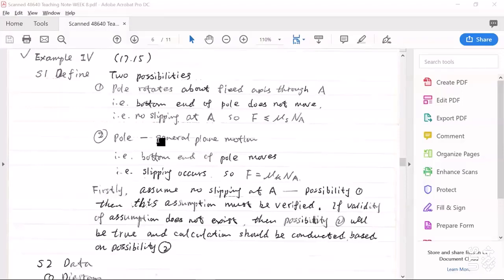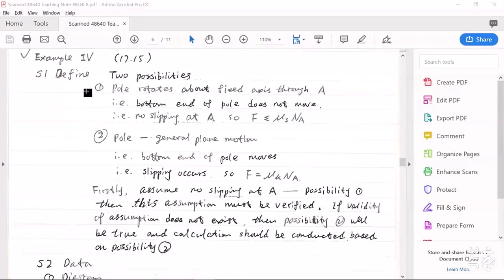So firstly, we can assume no slipping at point A. That will be possibility 1. Then we can solve this problem.